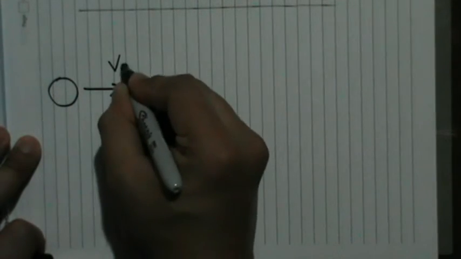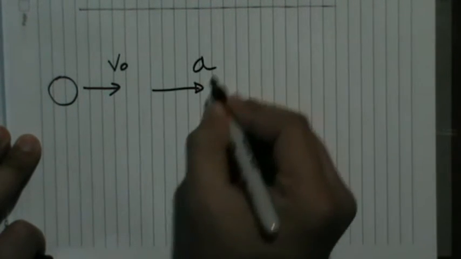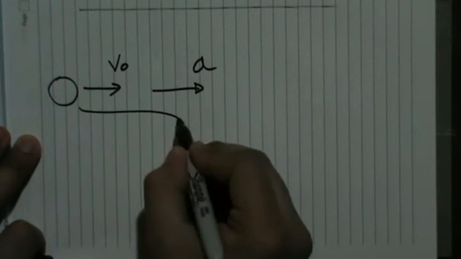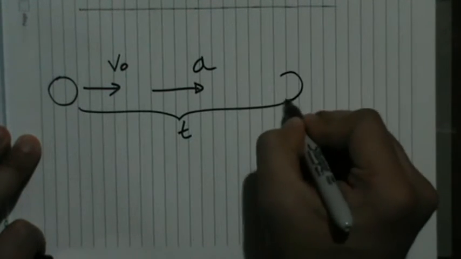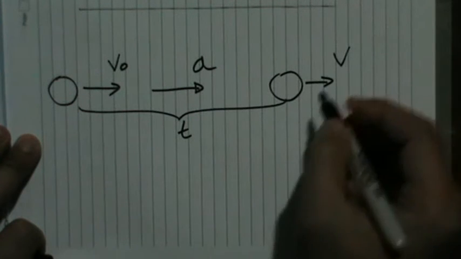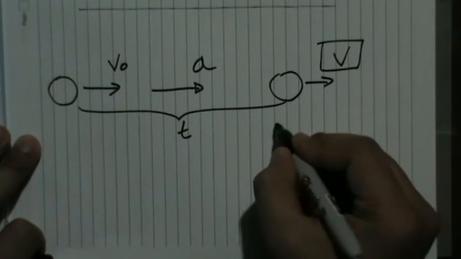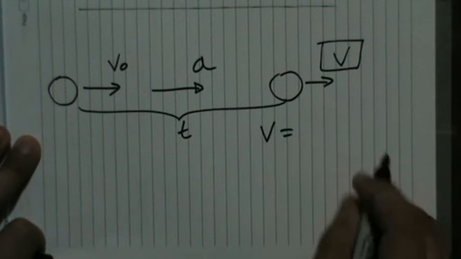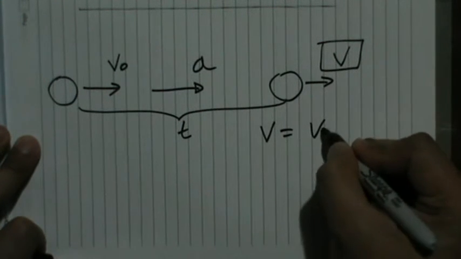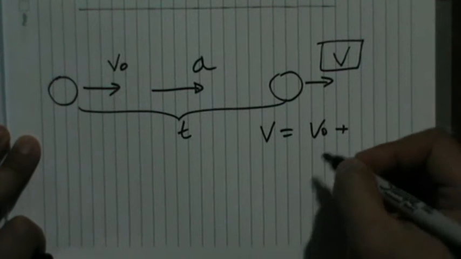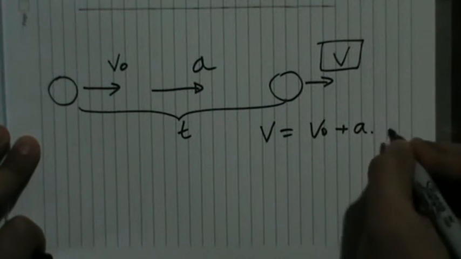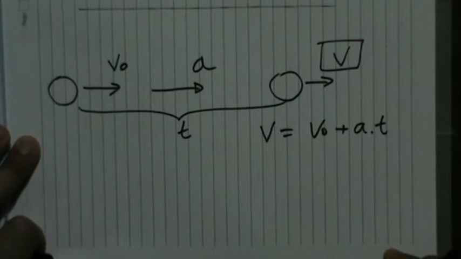Or in other words, if we have an object that has initial speed v0 and it's accelerated with acceleration a, you can find the distance after t. So you know that first the final speed v here will be v0 plus the increase in speed, or a times t.